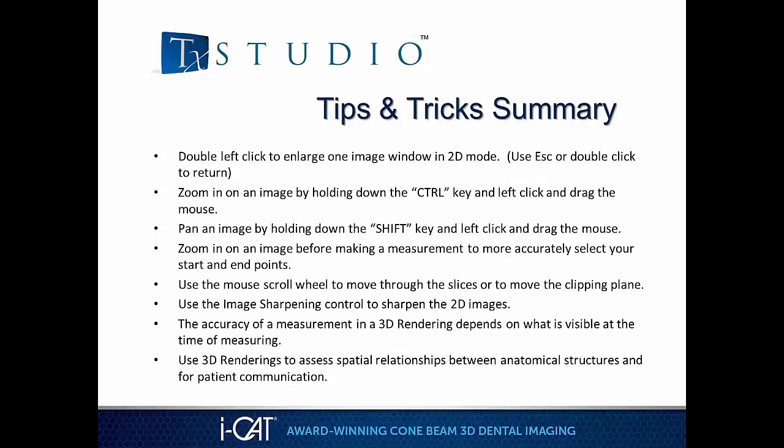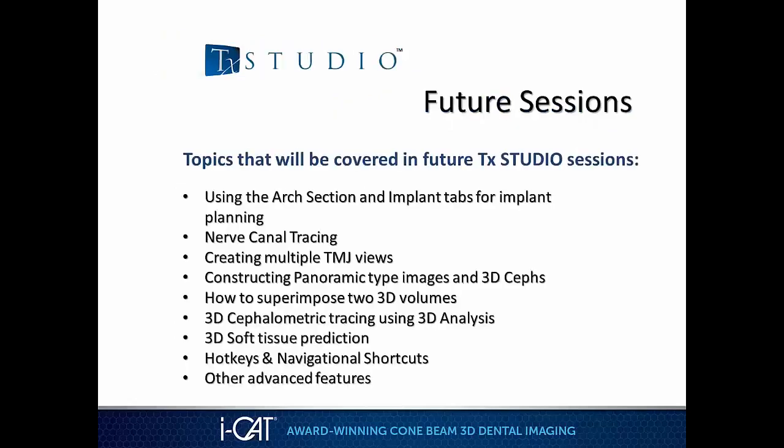And we can use 3D renders to assess spatial relationships between anatomical structures and for patient communication. If your patient cannot really relate to the thin slices in the section views, it may be helpful to use the volume render's clipping functions. Clipping will show the same structure in a way that may be more relatable to the patient.